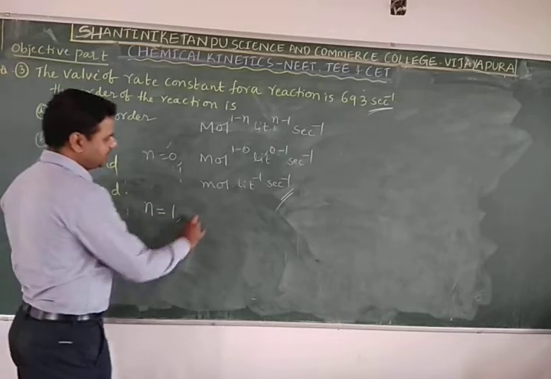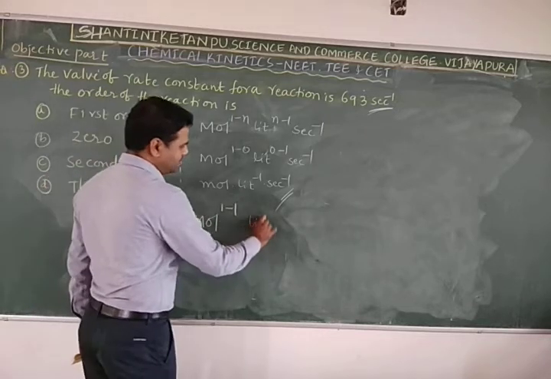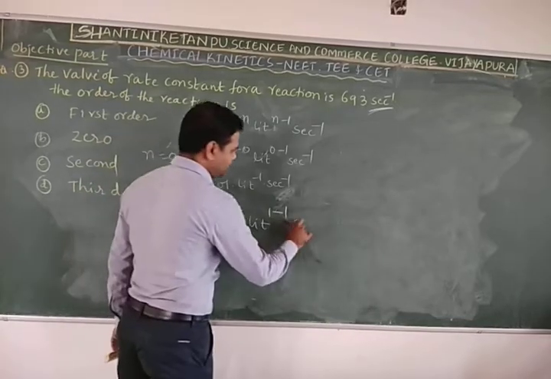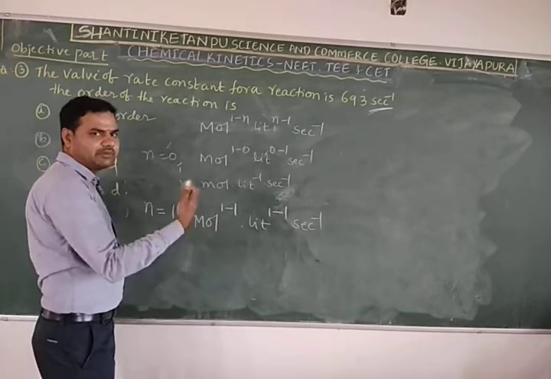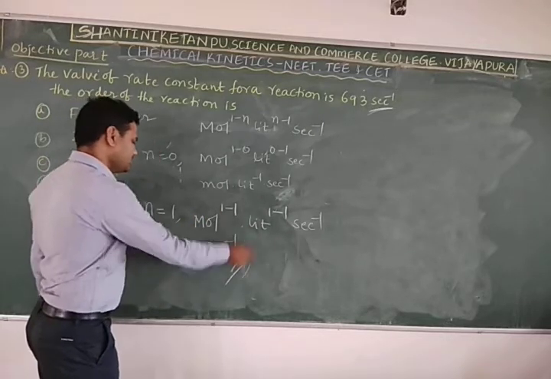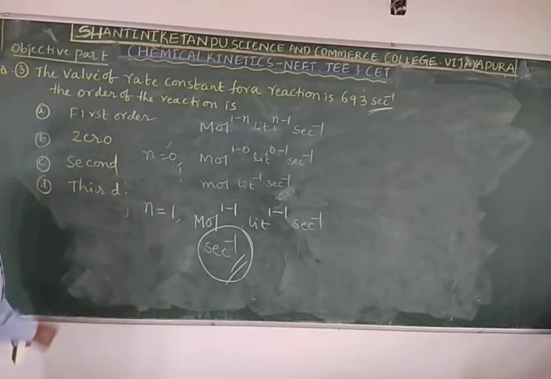If you take n equal to 1, it is mole to the power 1 minus 1 and liter to the power 1 minus 1, and also per second. Mole to the power 0, liter to the power 0, something to the power 0 is 1. Therefore, you should get only per second. See here, n is equal to 1. n equal to 1 means what is the order of the reaction?